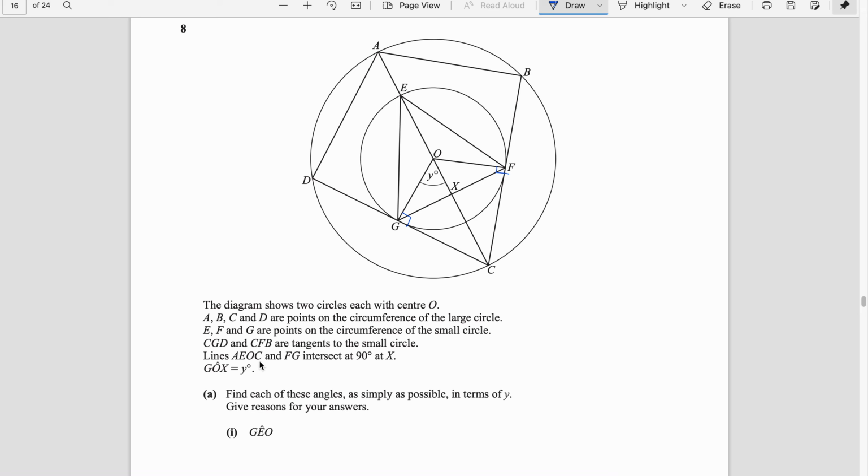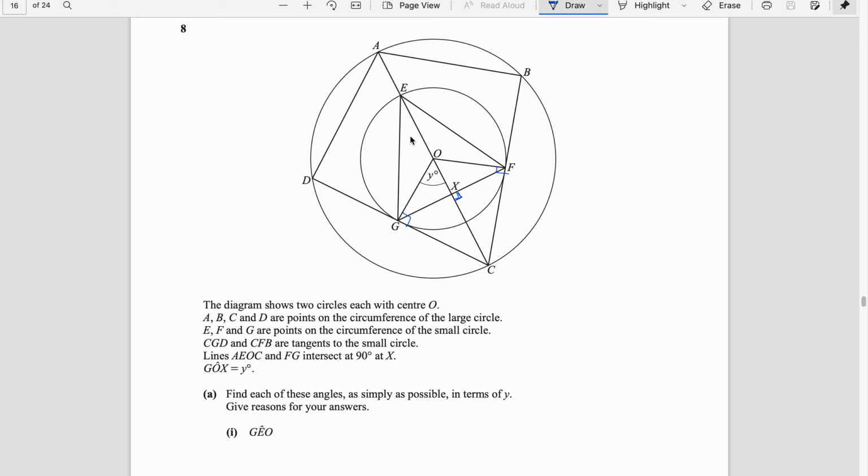Lines AEOC and FG intersect at 90 degrees. So this is also given. Find each angle as simply as possible in terms of y and give your reasons. Okay, so G, E, O. This is G, this is E, this is O. This is Y, this is half of it.